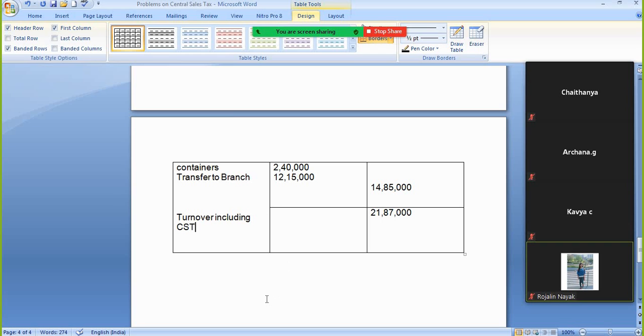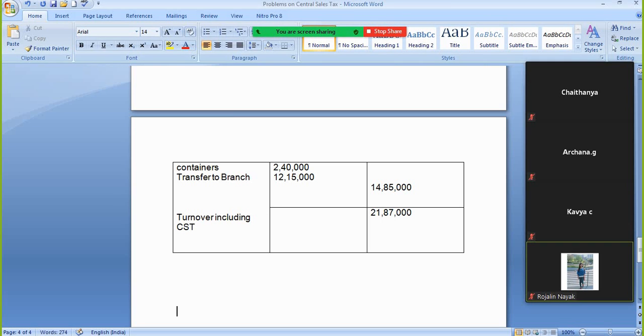Now the rate of CST we have to calculate. CST payable. So turnover is 21,87,000.